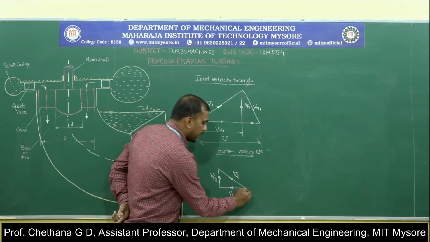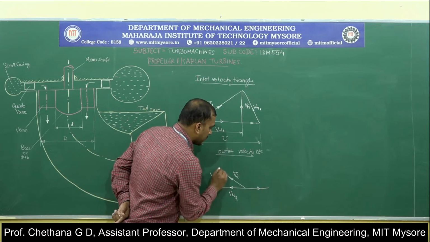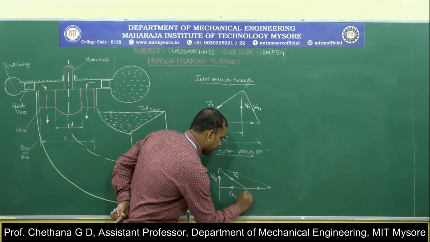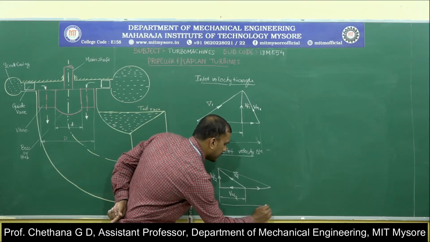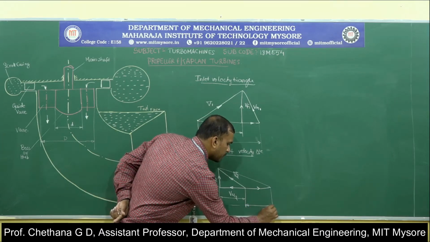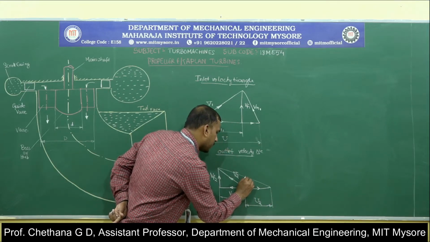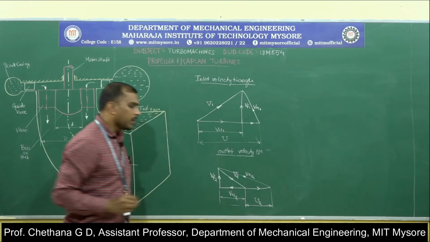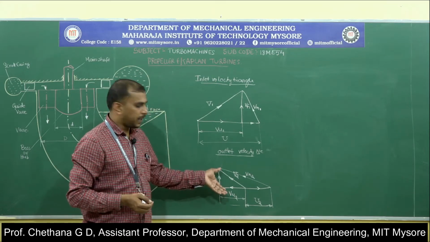Okay, then U2, you get this point, this is Vu2, this is U2. Now this will be what? VR2. Okay. Now this is the general velocity triangle.